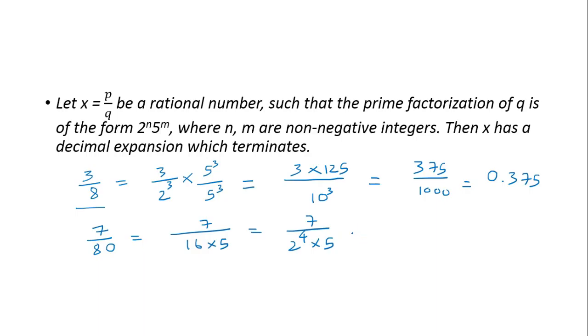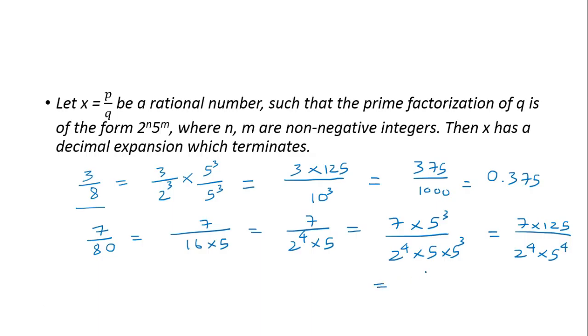To express this as a terminating decimal, we multiply both sides by 5 cubed. So you can write 7 into 5 cubed divided by 2 raised to 4 into 5 cubed, which is 7 into 125 divided by 2 raised to 4 into 5 raised to 4, which is equal to 875 divided by 10 raised to 4, or 0.0875.